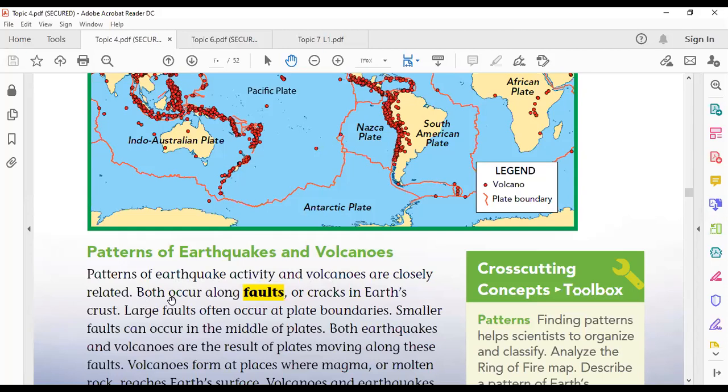How do earthquakes and volcanoes occur? Both occur or happen along faults. What is the meaning of faults? Cracks or faults have the same meaning, which means cracks or holes. Look here, this word faults is the same meaning as cracks.